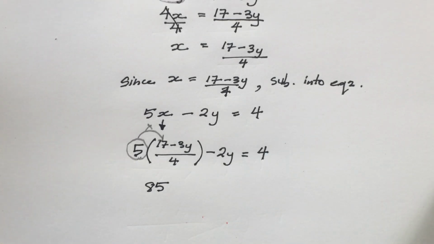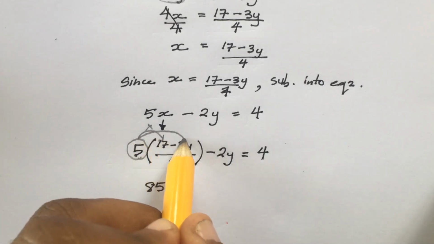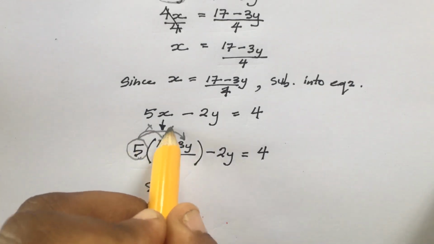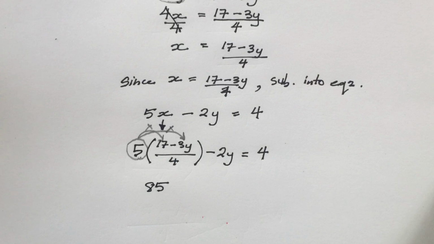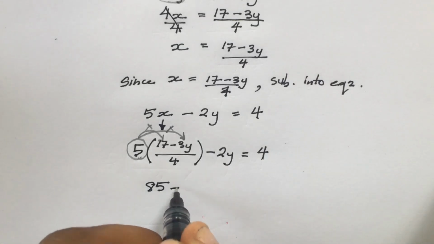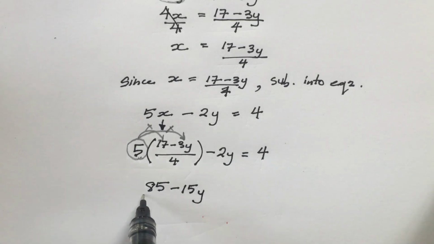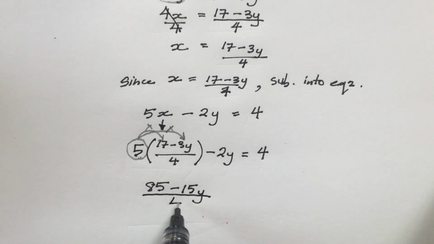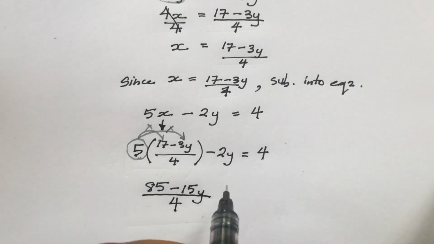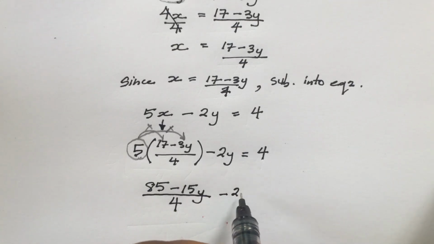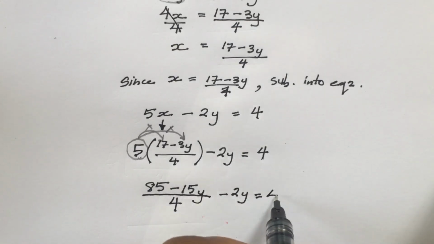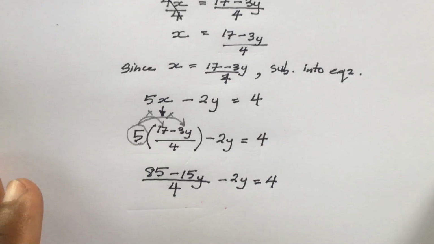And we're going to use the distributive property the same way: 5 times this minus 3y, and that will give us minus 15y. Remember, it was all over 4, so you have to put it back all over 4. And then keep everything that you had before. So you see, we'll work it down little by little. Just take your time.